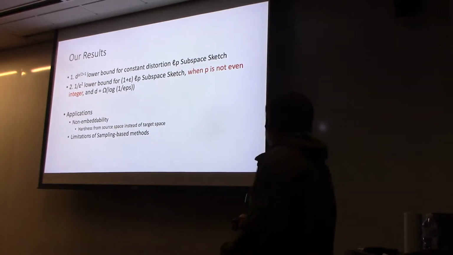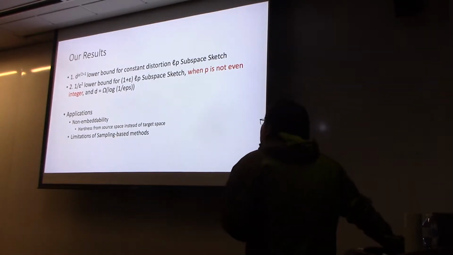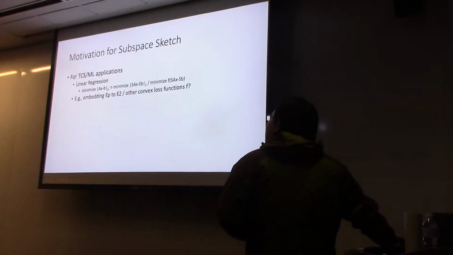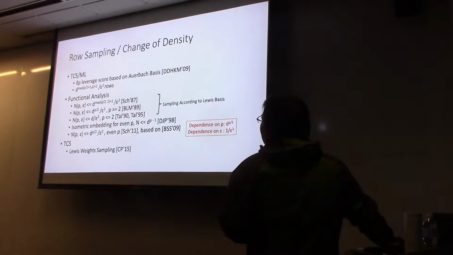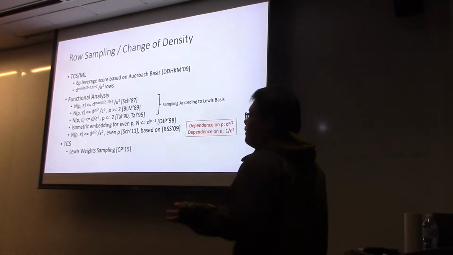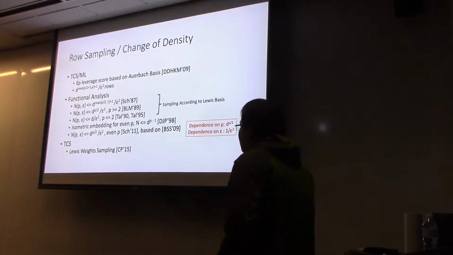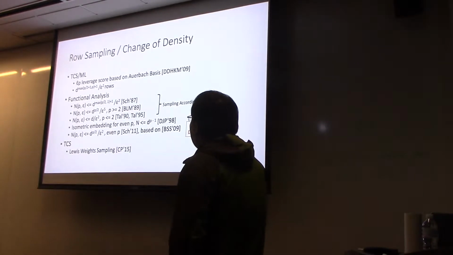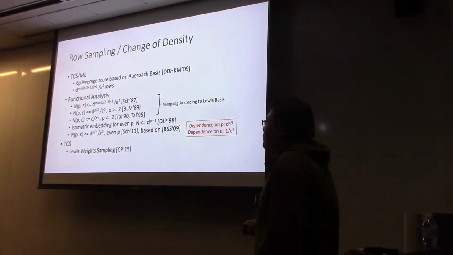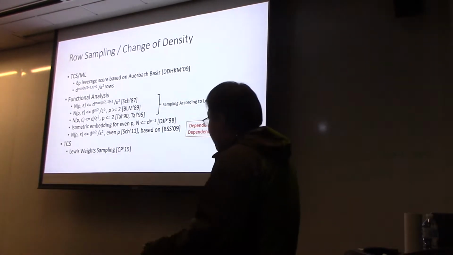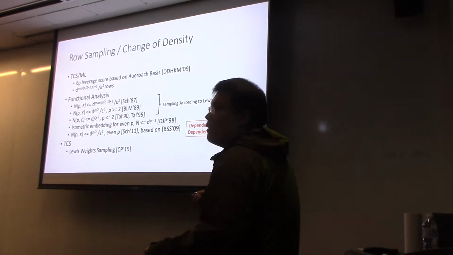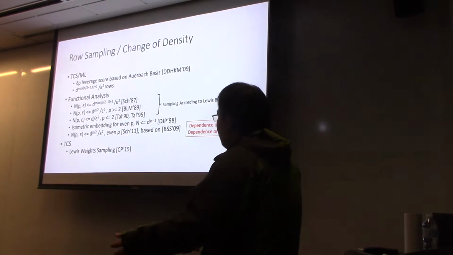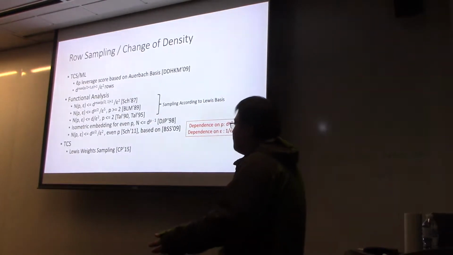What does this mean? Okay, to understand this, let's first get back to the upper bounds. Let's say epsilon is constant, and we use this Bourgain-Lindenstrauss-Milman result, so we can get a subspace embedding with d to the p over 2 rows, right? And how many entries do I need to store by using this embedding?